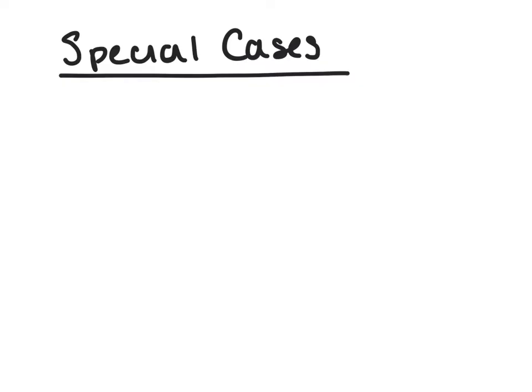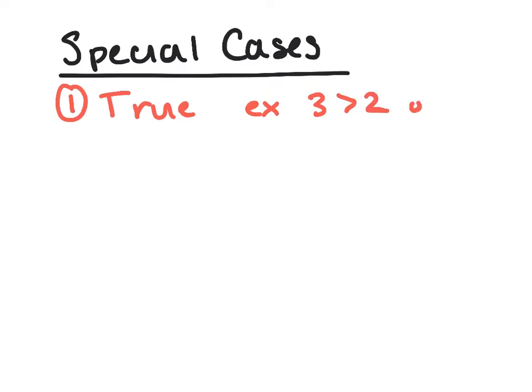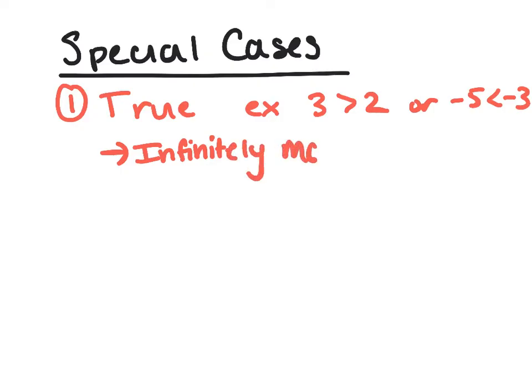Now let's review the special cases. First, if we result in a true statement, so for example, like 3 is greater than 2, or negative 5 is less than negative 3, that would be what we call infinitely many solutions.